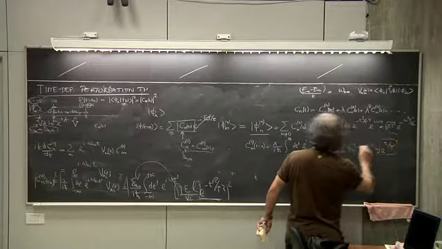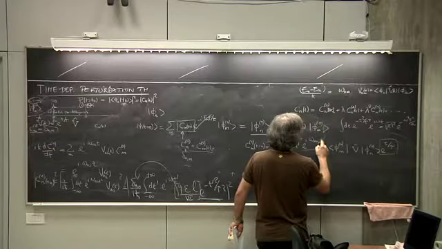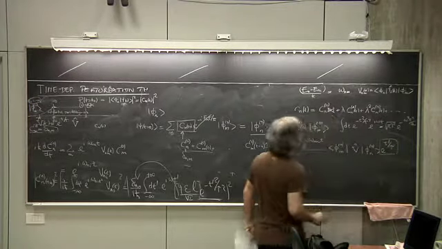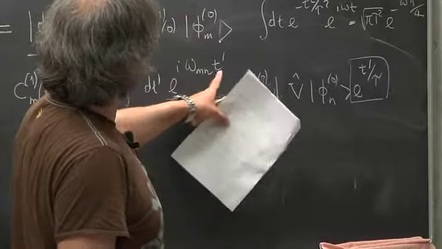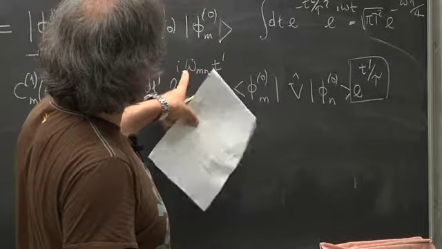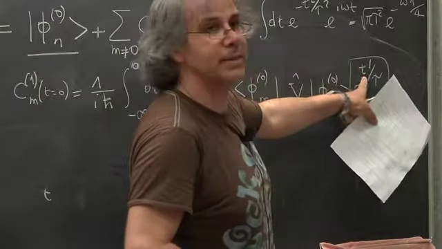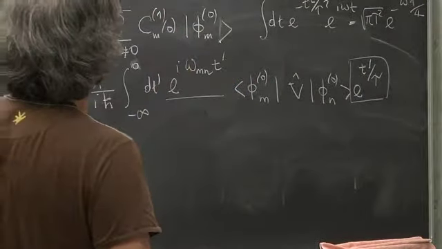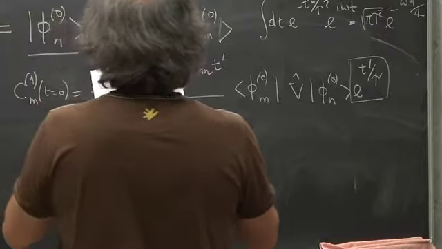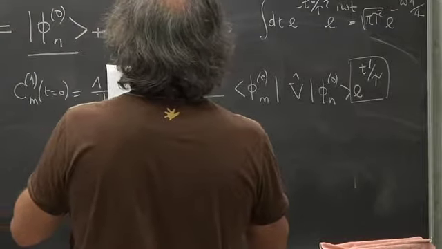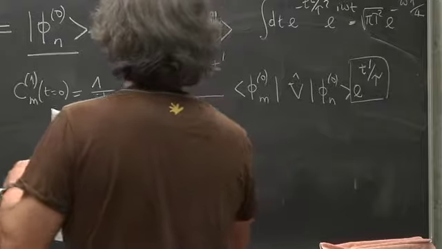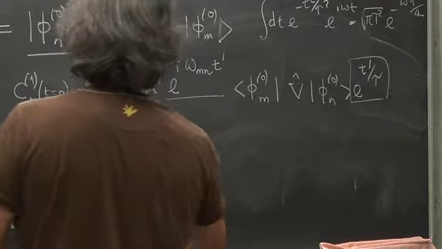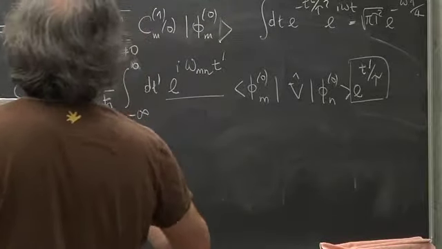Now, this integral here can be done. You see, it's an integral of an exponential with an imaginary piece and a real part. So you know how to integrate exponentials, and the result is simply, what is it? Tell me the result. 1 over i h bar is there.